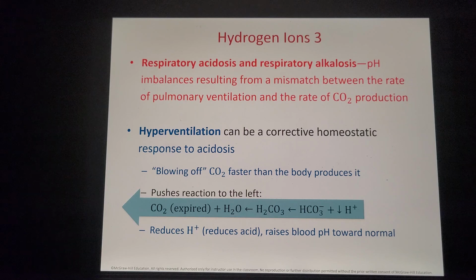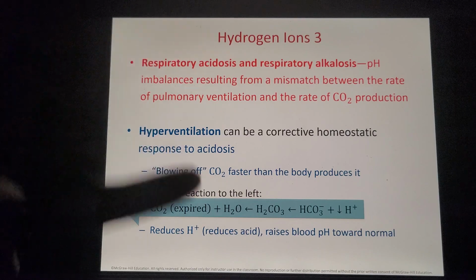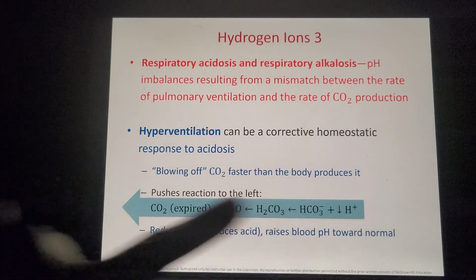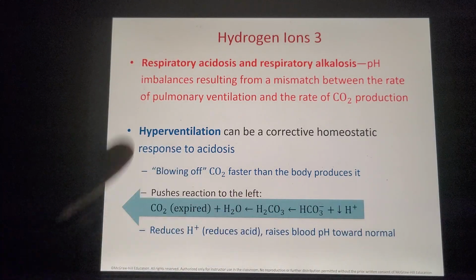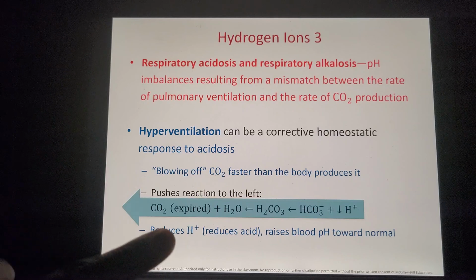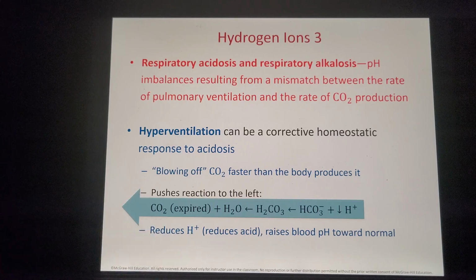You can do this by either hyperventilating or hypoventilating. So hyperventilation is where your body's in acidosis. You got too many hydrogen ions, so we got to blow off that carbon dioxide. So we're pushing this reaction to the left so we can breathe off the carbon dioxide, which reduces our hydrogen levels, so therefore reducing the acid, and raise our blood pH back towards normal.